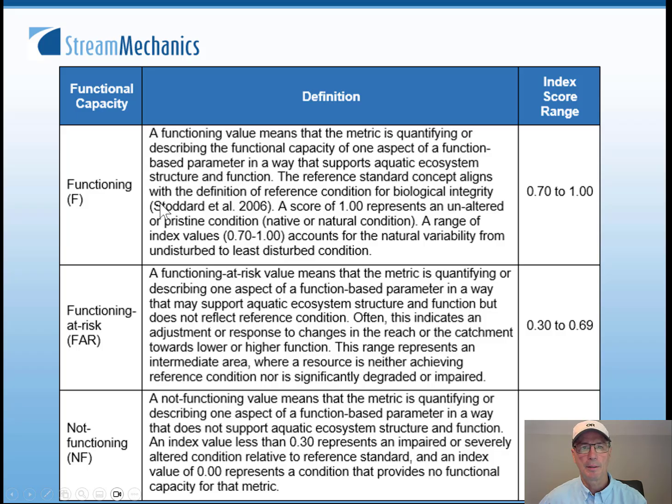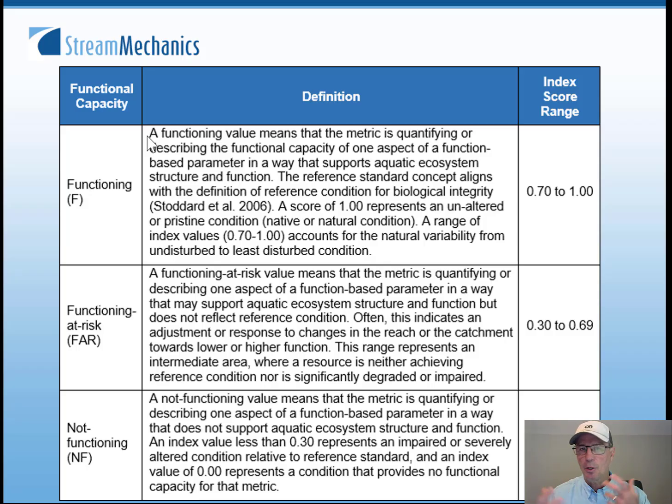The definition for functioning says a functioning value means that the metric is quantifying or describing the functional capacity of one aspect of a function-based parameter in a way that supports aquatic ecosystem structure and function. So there's a few things to unpack there.